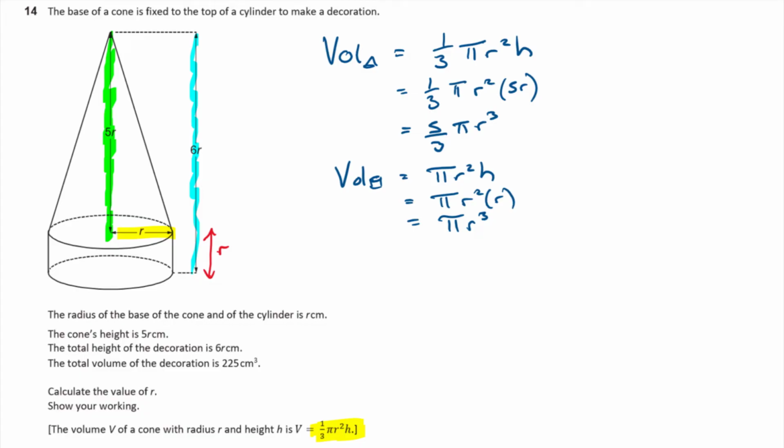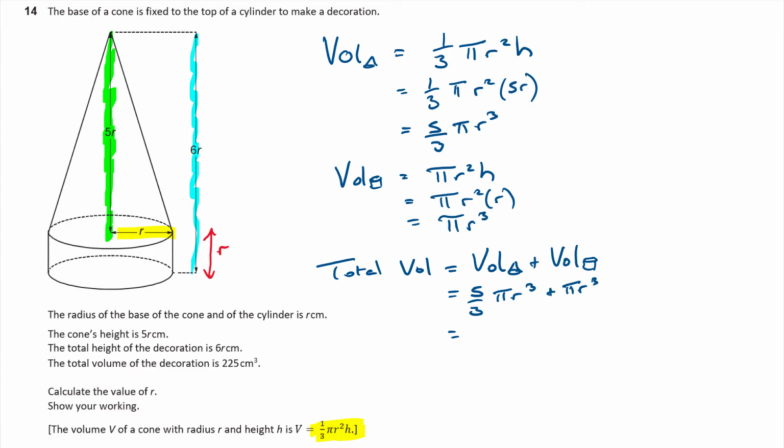Okay, so then the total volume is going to be the volume of my cone plus the volume of my cylinder. And so that is 5/3 pi r cubed plus pi r cubed, which is one lot of pi r cubed, isn't it?